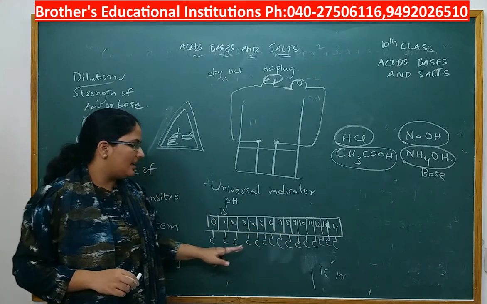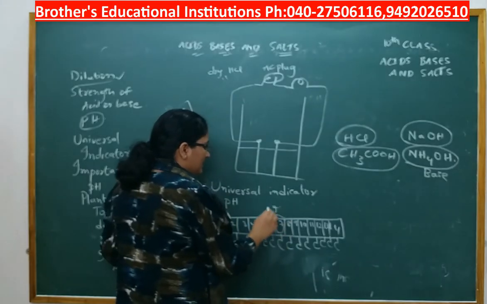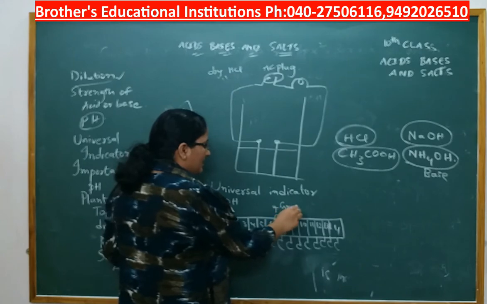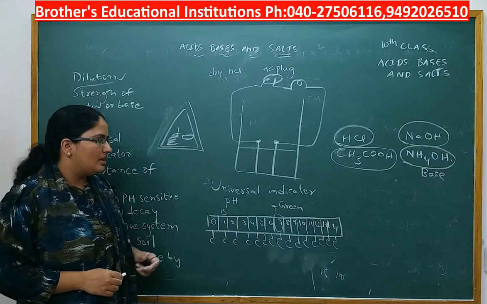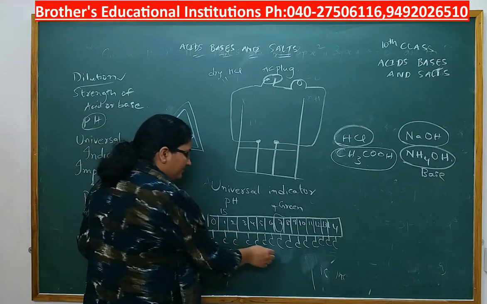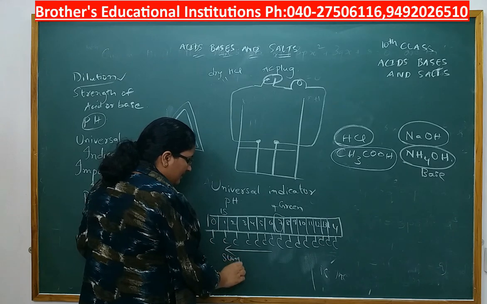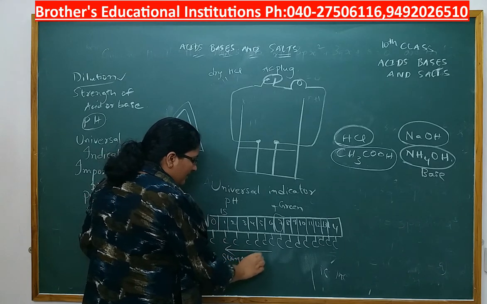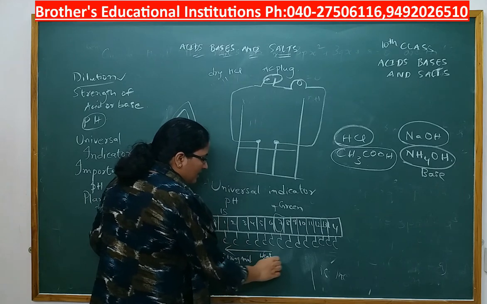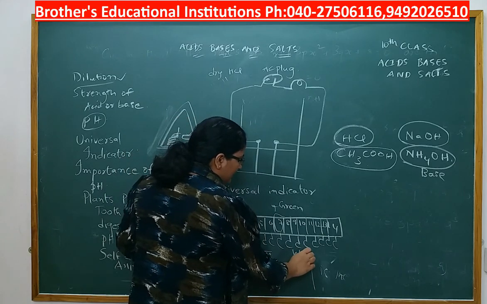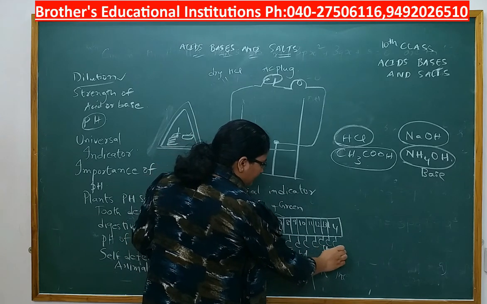Now let us say the color is green. Seven has green color, indicating that the solution is neutral.